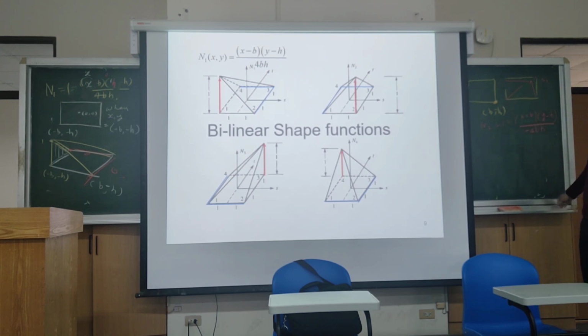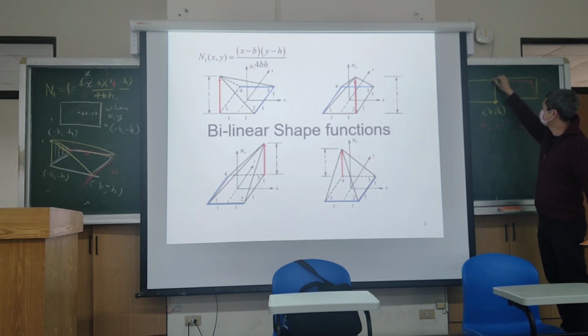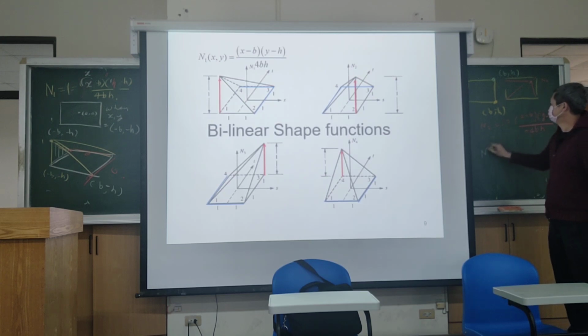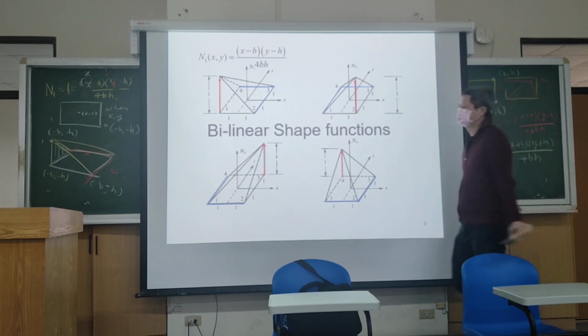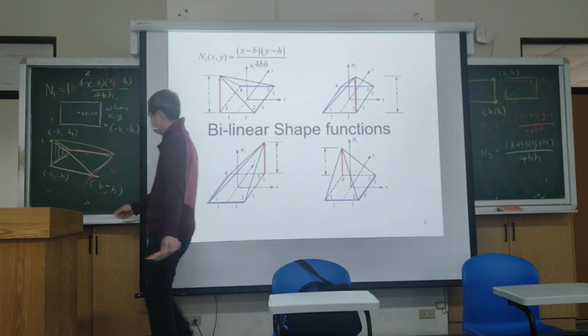Just by looking at its shape you can write it. So you can practice on how to write the shape function. And the third shape function is b, h. And then your N3 is your x plus b, y plus h, divided by 4bh. Okay? And then how about the last one?